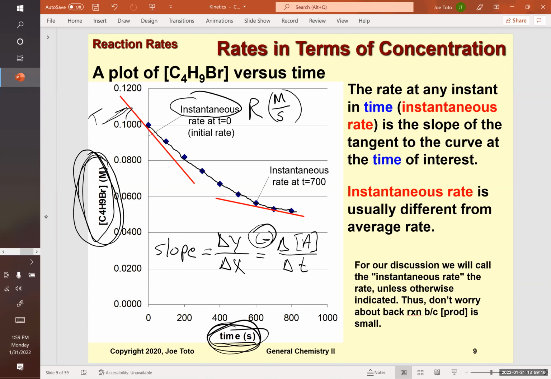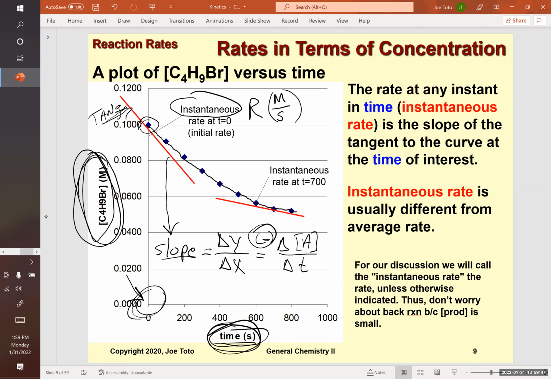This is the tangent to the curve at that time of interest, 0. The tangent just touches the curve at that one point. Once I have that tangent, all I need to do is find the slope, or the change in the y-axis, of that tangent. And that gives me the rate at that point in time of interest.